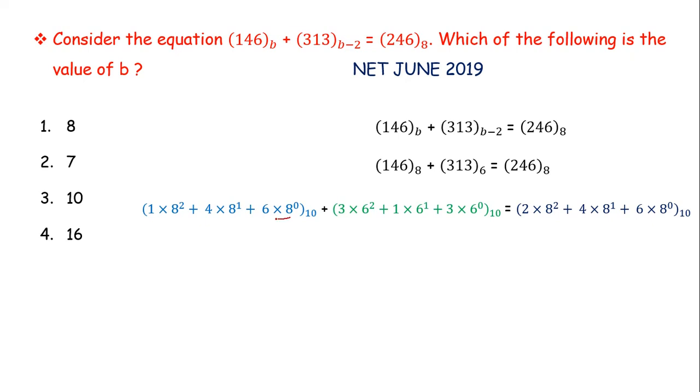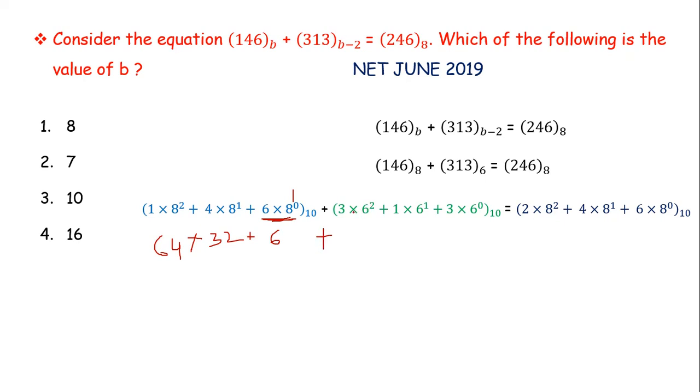So let us see what our output will be. Here we have 8 raised to the power 0 into 6. 8 raised to the power 0 will be 1, and 1 into 6 will be 6, plus 8 into 4, that is 32, plus 8 square into 1, that is 64. Then we have the plus sign.